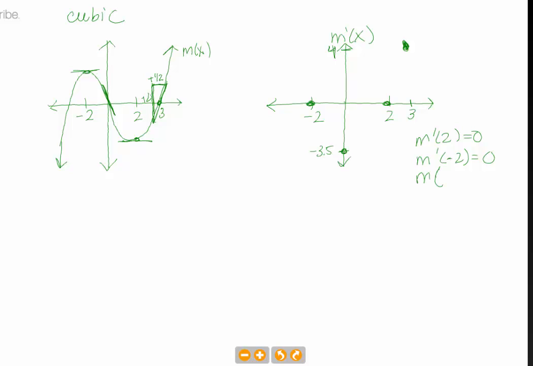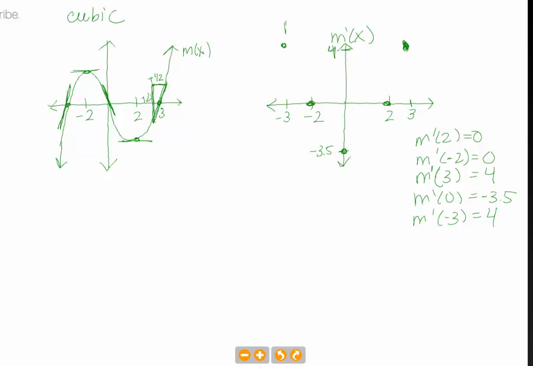So we said that m prime of 3 was 4, and I'm going to call m prime of 0 to be -3.5. And then it looks like this slope over here is about the same as the one over there, so I'm going to call my slope at -3 also 4. So m prime of -3 is also 4. Again, looking at that symmetry is really important.